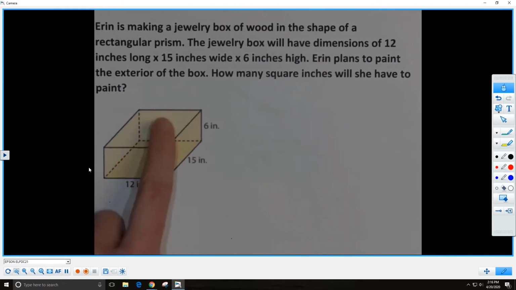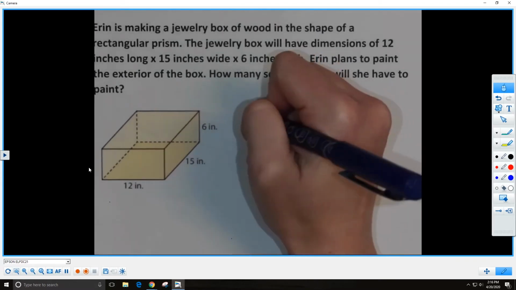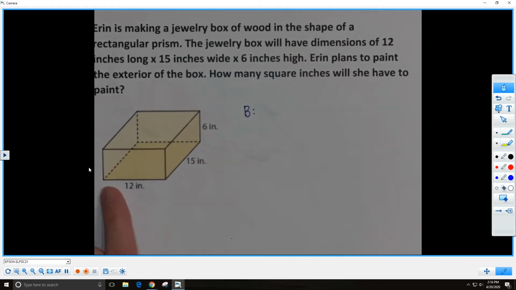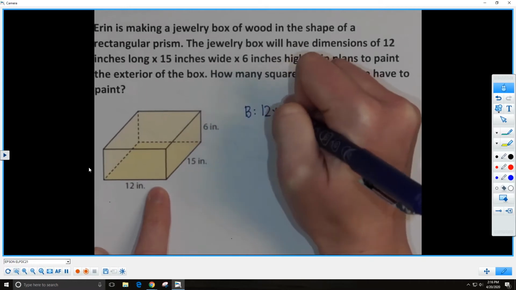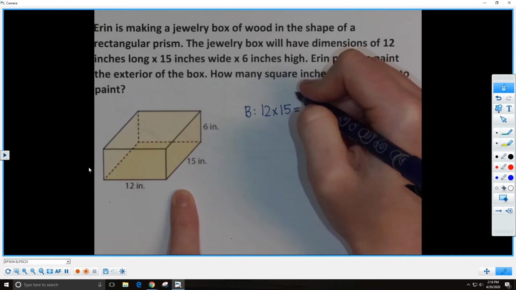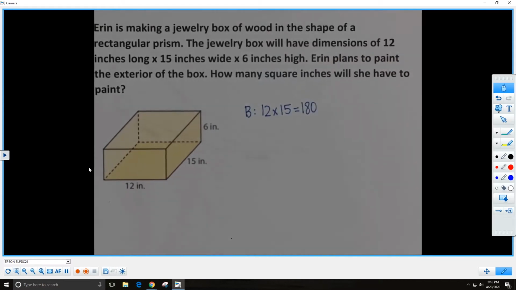The area of one of those bases is the length times the width, which is 12 times 15, which is 180. And there are 2 of those. We'll use that in just a second.